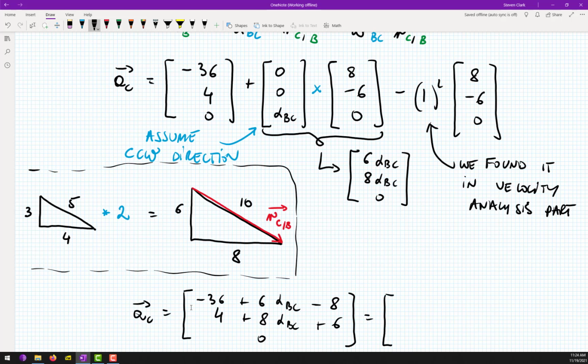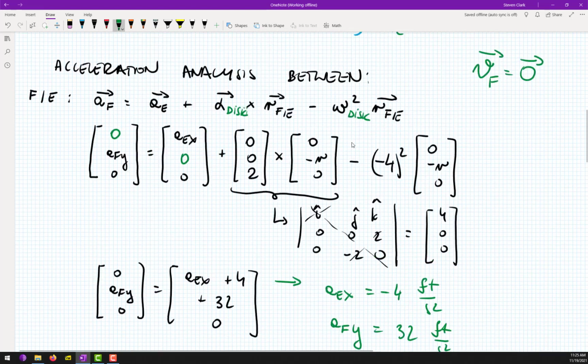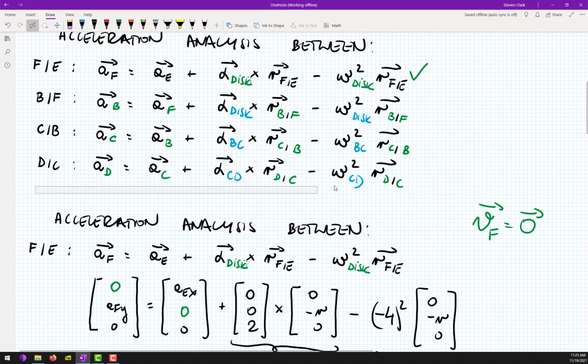We can simplify that and obtain minus 44 plus 6 alpha BC, 10 plus 8 alpha BC, 0. Great. We are done with 75% of the problem, and we cannot squeeze anything else from AC. We must leave it in that form right now. But we will solve for alpha BC soon. Any questions so far? Are we on the same page, guys? Yeah? Okay, cool. So let's finish that problem by doing exactly the same for the 4th time.